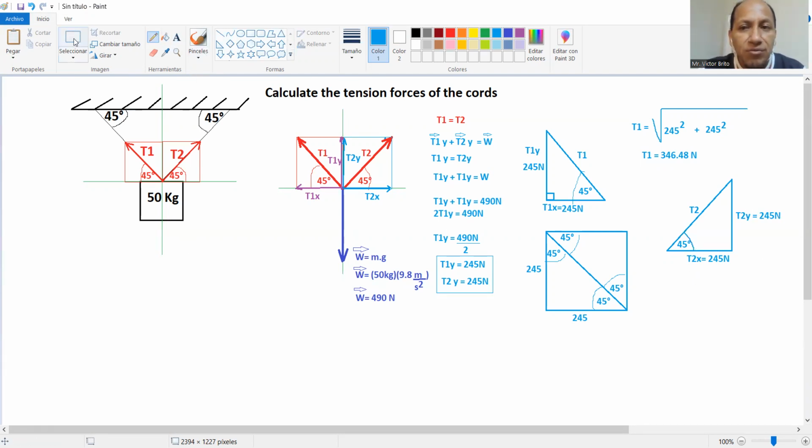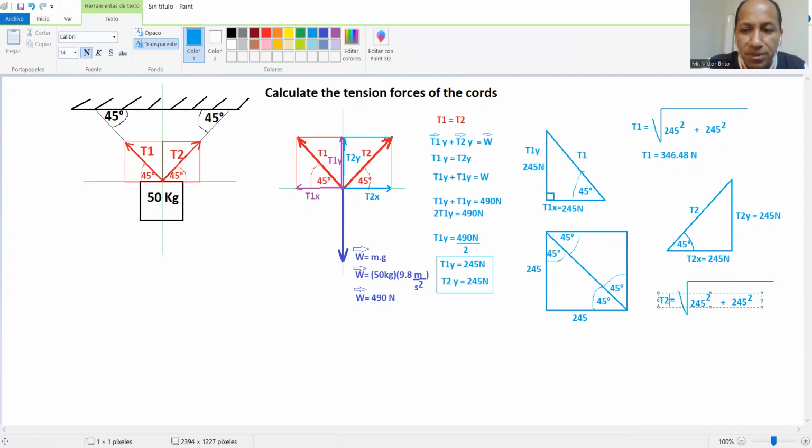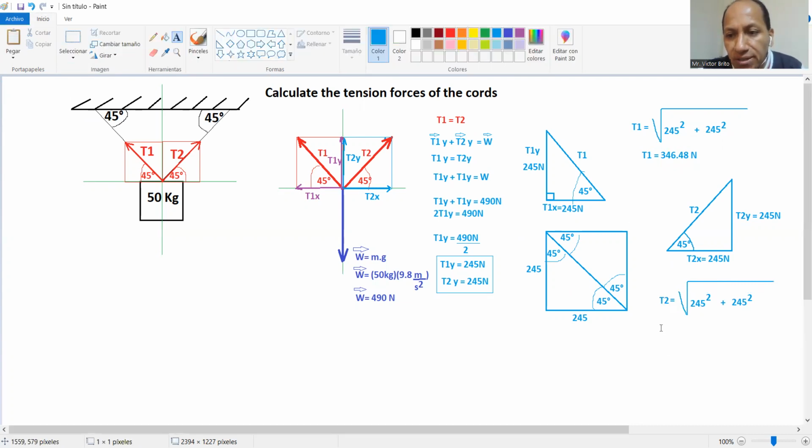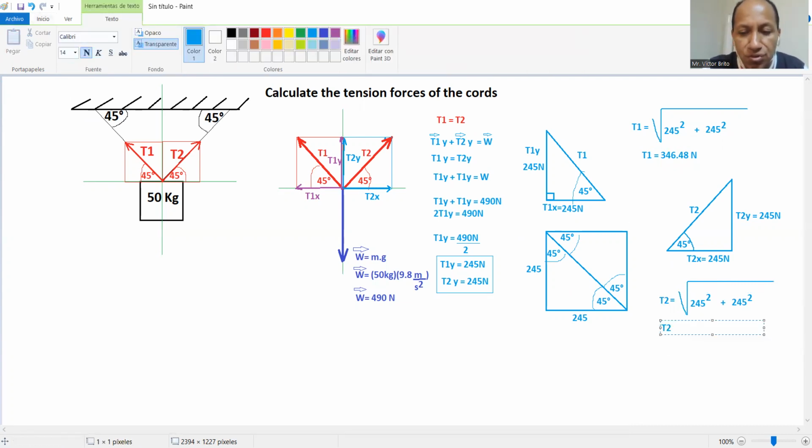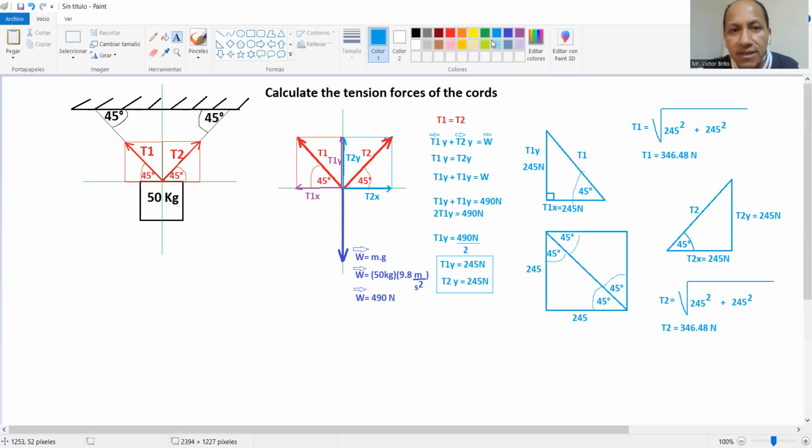If that is correct, we apply the same square root, but for tension 2. Actually, you're going to see that there's no need to do that. We already know that both of them are the same. I just wanted to repeat this to understand it better. So by definition, the tension 2 equals 346.48 newtons.